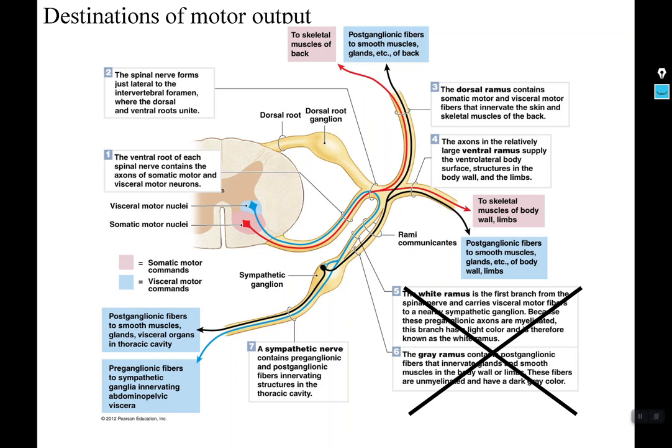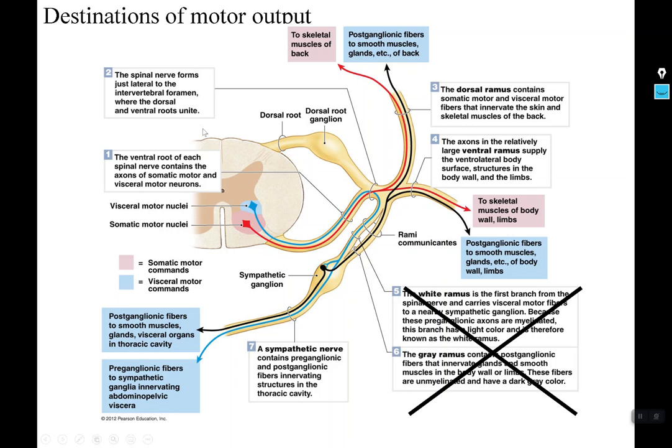So similar to the dorsal horn, in the ventral horn, the visceral motor nuclei and the somatic motor nuclei are separated, which means that we have cell bodies for visceral motor control, which is any effector that is not skeletal muscle. And then in the ventralmost region of the ventral horn, we have somatic motor commands, which are, of course, our skeletal muscles, which we are experiencing as mostly voluntary.